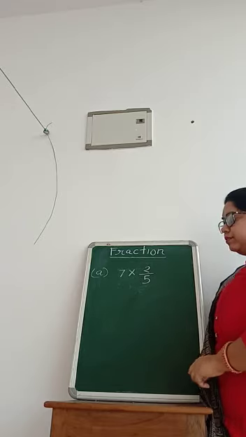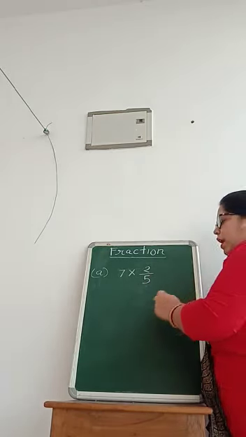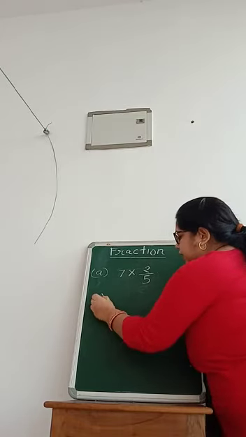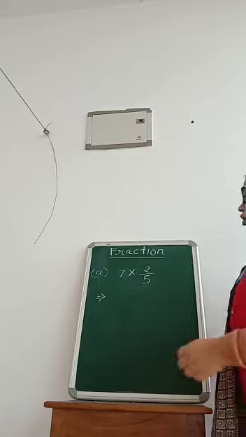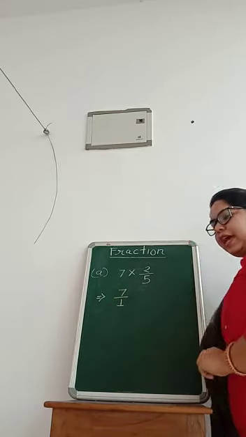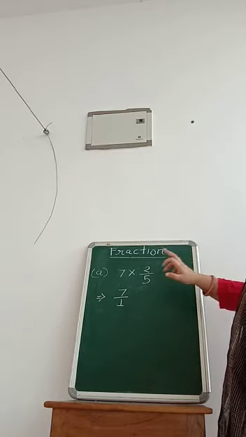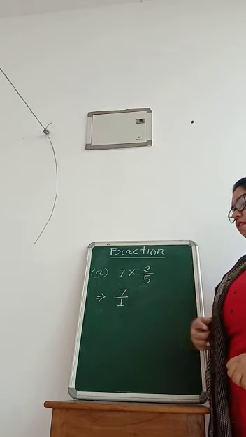But here there is no denominator. So I told you that if a number is not having any denominator, you can use 1 for that. So you can write 7 as 7 upon 1.